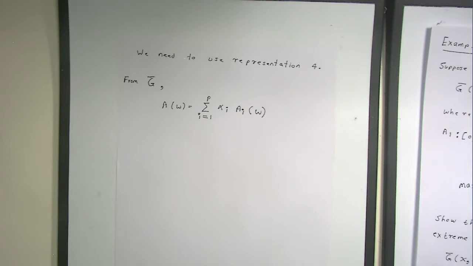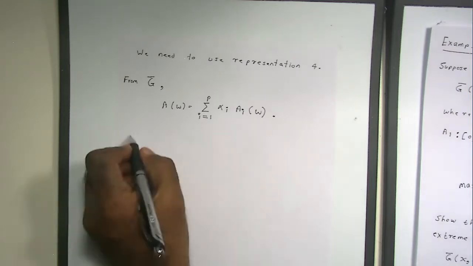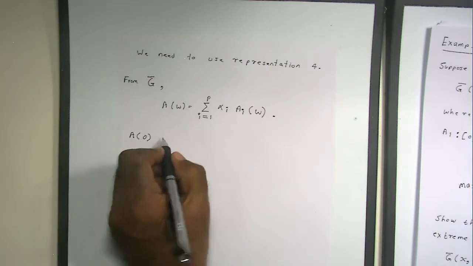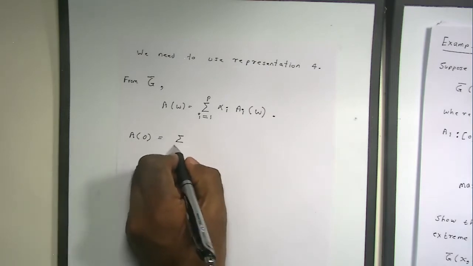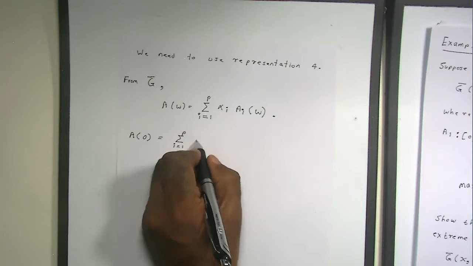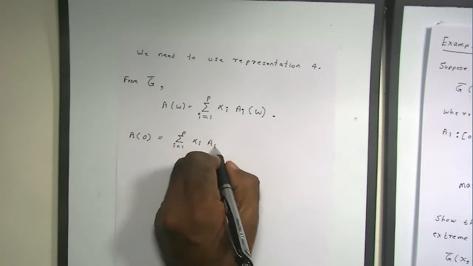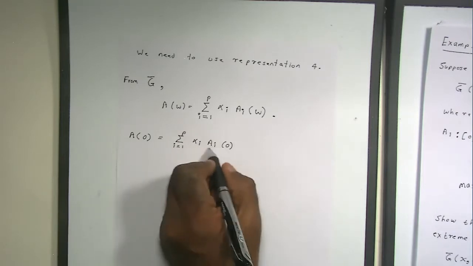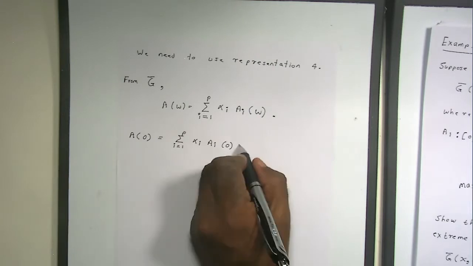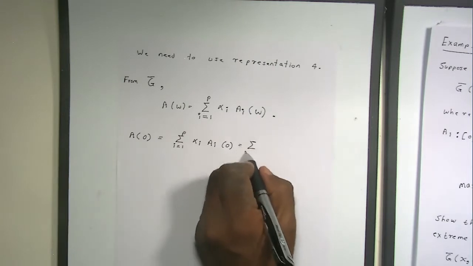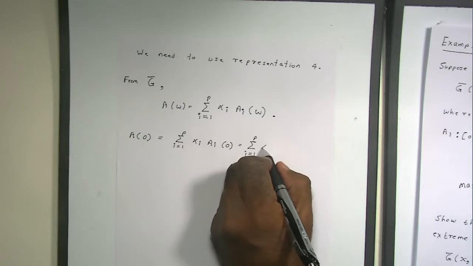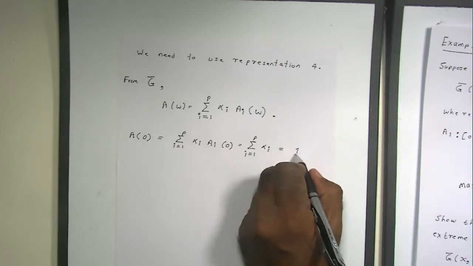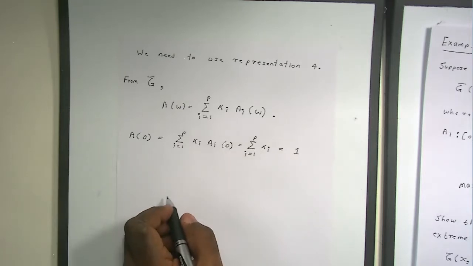We will start with the first property, which is a of 0. A of 0 is simply the sum, and we know that AI at 0 is 1, so this is 1.